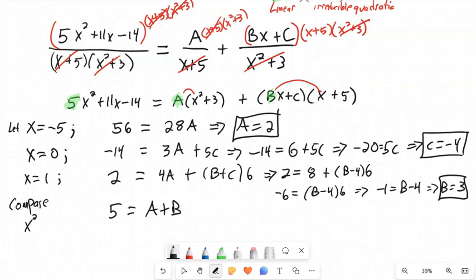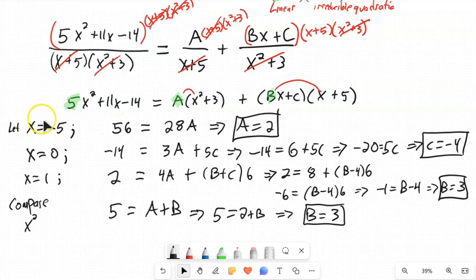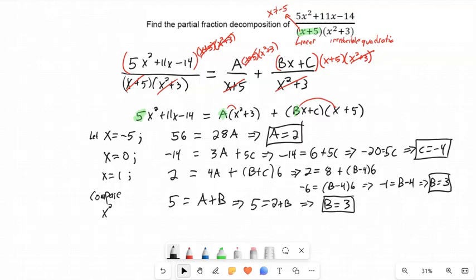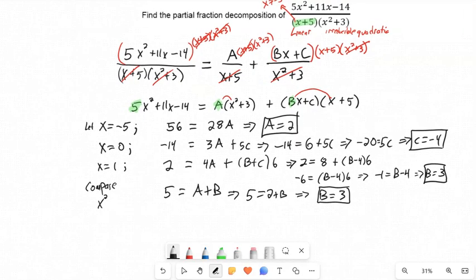Knowing a was 2, that is an easier equation to find b, but it doesn't really matter which way you do it as long as you're able to find it. So there's a method of comparing coefficients that could give you a 3 by 3 system to solve, but these smart values and a dumb value or comparing one coefficient end up a lot easier than solving a 3 by 3 system.